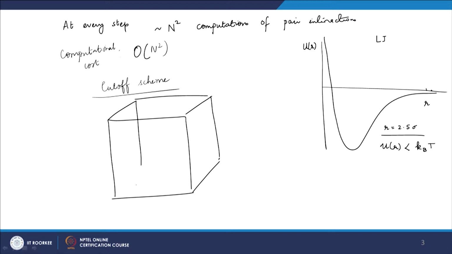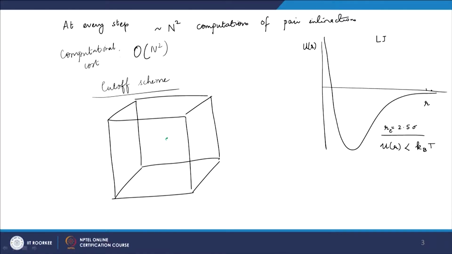of particles in the system. We can only look at the particles which are within a cutoff distance, which can be set as, for example, 2.5 sigma, because beyond this cutoff, in any case the interactions are very small, right. So, for every particle I will draw a small volume RC.